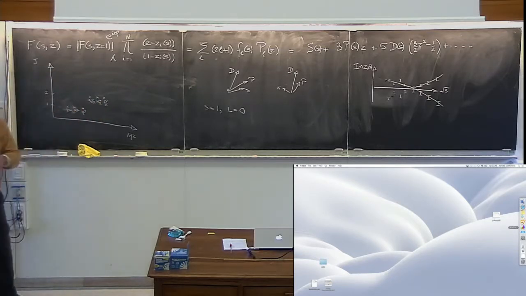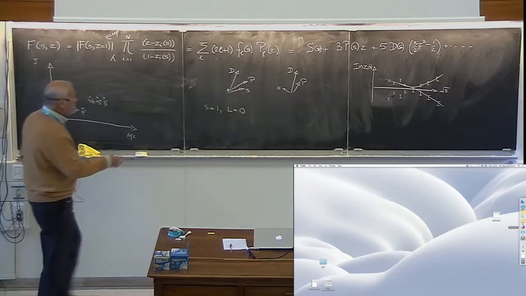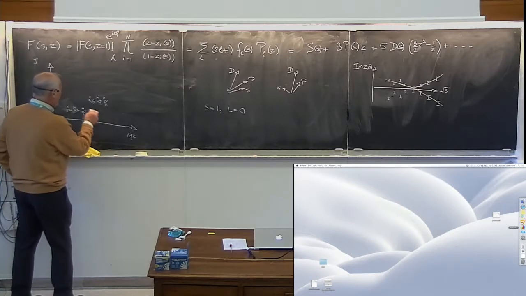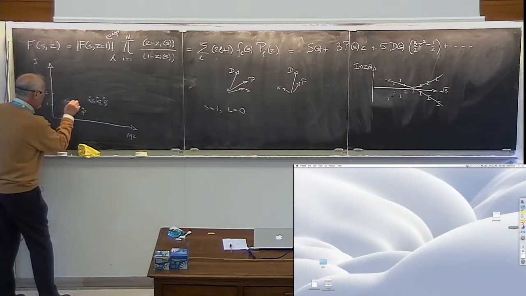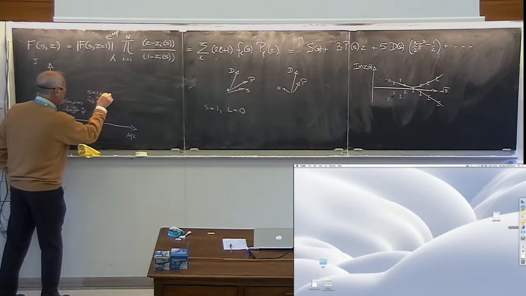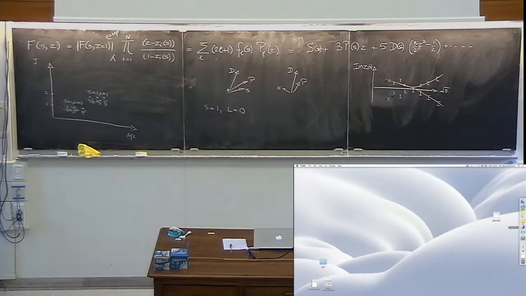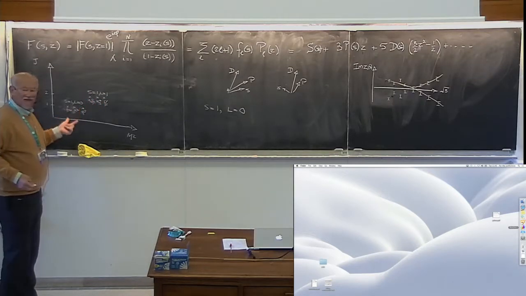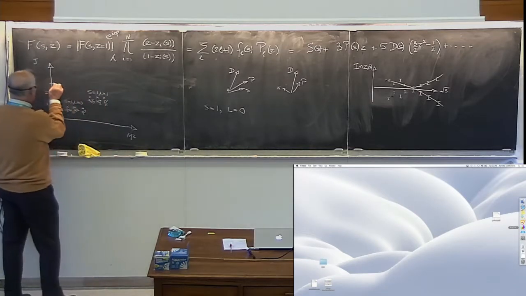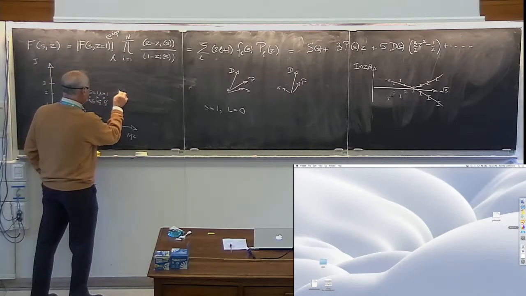They belong again to a simple quark model multiplet, where now instead of S equals 1, L equals 0, which were these, this is S equals 1, L equals 1 in the quark model. To have a unit of orbital angular momentum in the quark model costs energy, and so you get a set of higher states, and these have essentially the same structure. You can do the same again for spin 3, and so on. So there are the states that sit here with S equals 1 again, L equals 2, and so on.